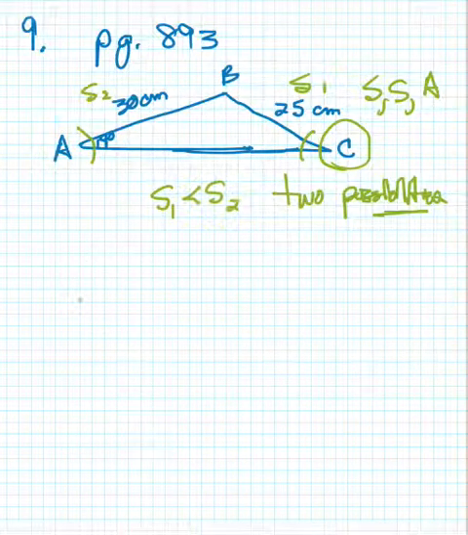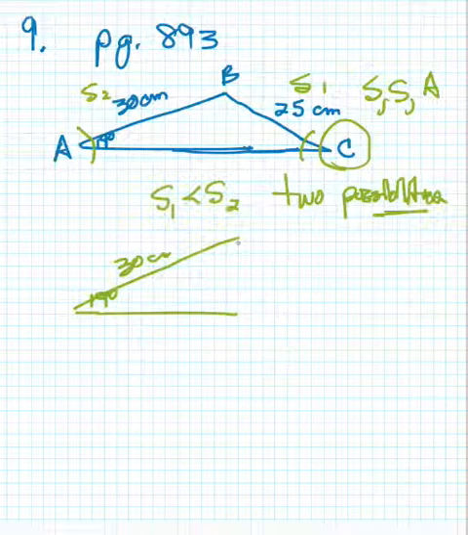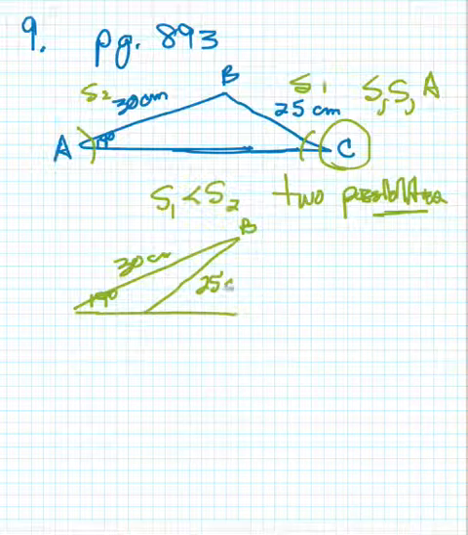Let me just draw the other triangle for you so you can intuitively see what I'm talking about. A is 19 degrees right over here, again. And the other option is it can come out 30 centimeters, just like we did up over here. So it looks exactly like the blue triangle, but instead of the 25 coming out, forming an obtuse angle with B, we can form an acute angle and come down about right here, and this is 25 centimeters.